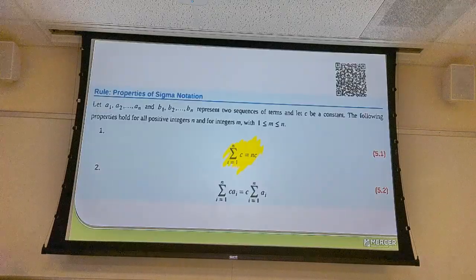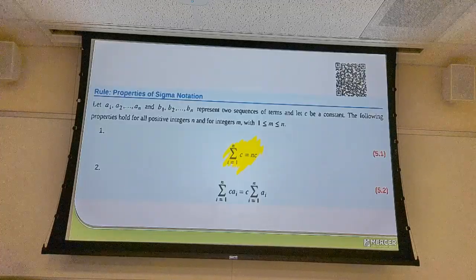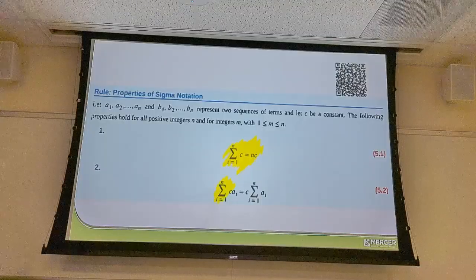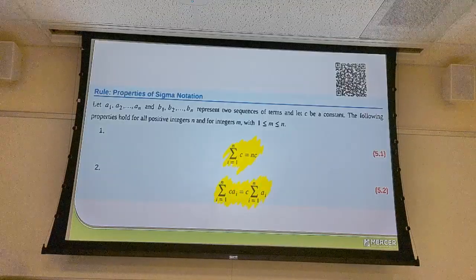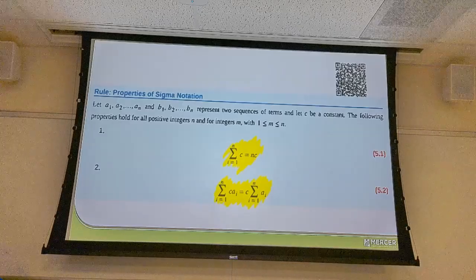Second, this is the distributive property for summations. If you have the sum of c times a sub i, it's just c times the sum of a sub i. Again, that shouldn't be too difficult to see. Just the distributive property.